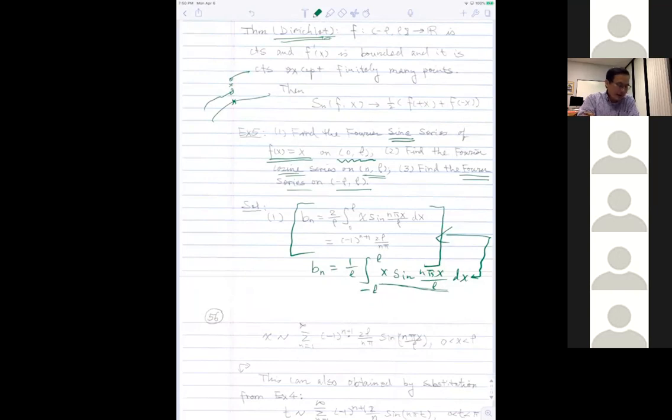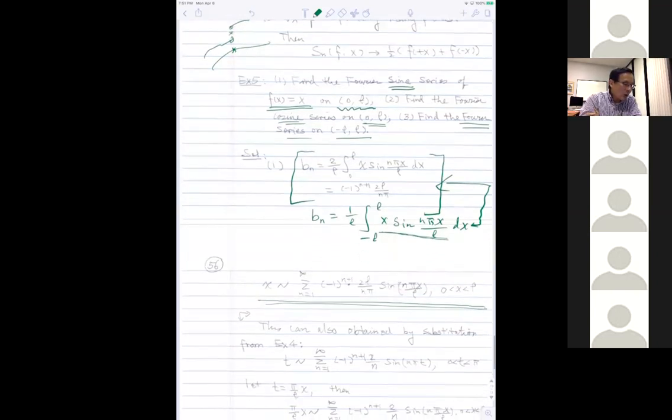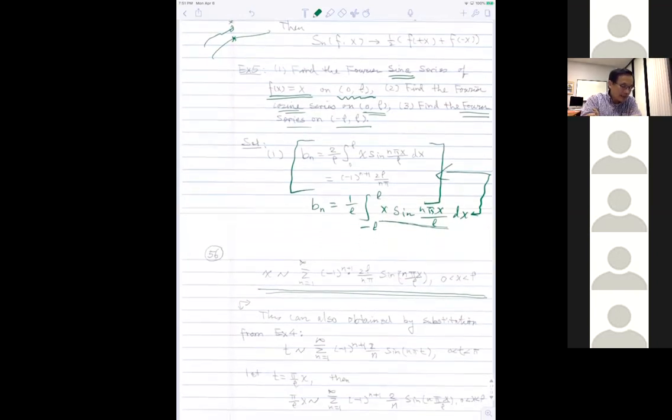Then the Fourier sine series is given by this formula. Now, you can also find this series by using substitution. That is the formula we had in the previous example when it is from 0 to π. I just change the variable.